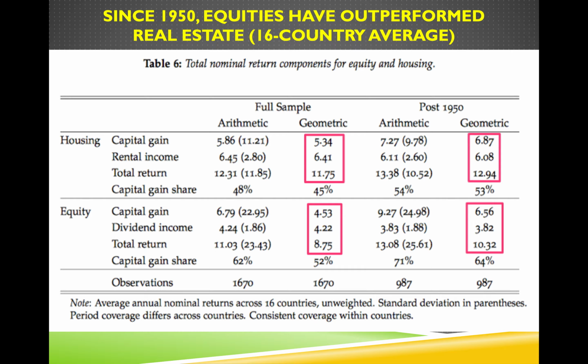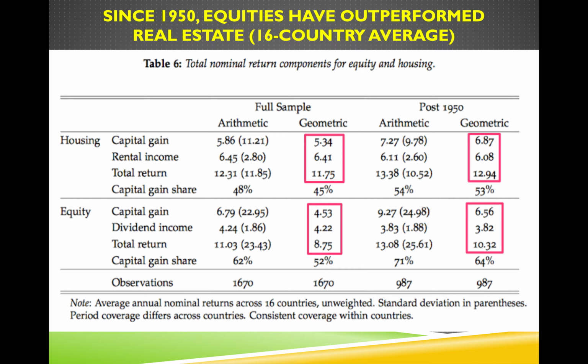Since 1950, if we look at an average of 16 countries and look at the geometric returns, you'll see that housing, which is basically the sample of real estate being looked at here, has rental income, and it also has capital gain, basically the appreciation in the price, yielding a total return in this full sample of 11.75%.